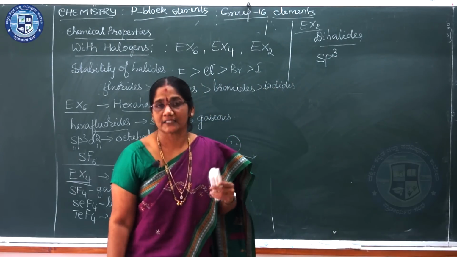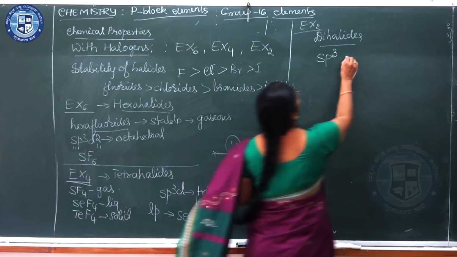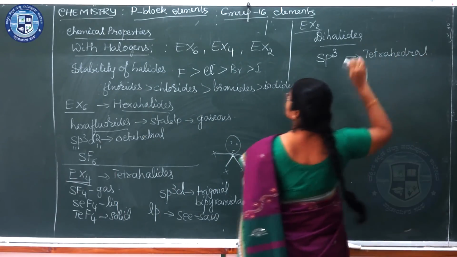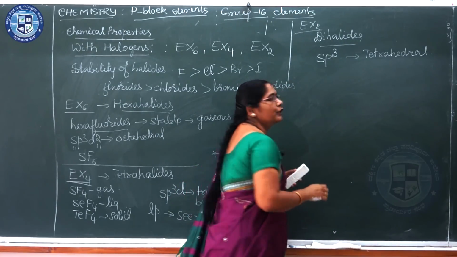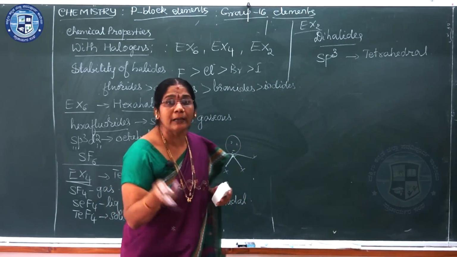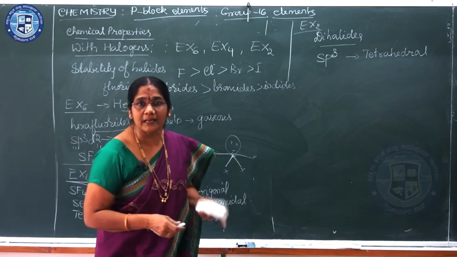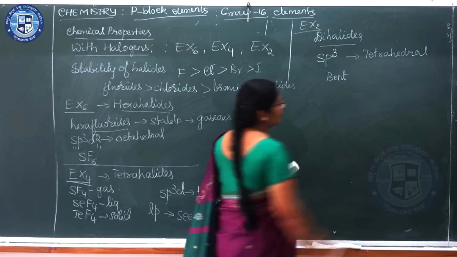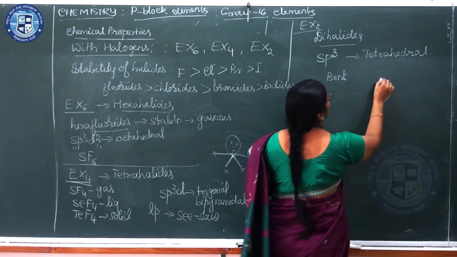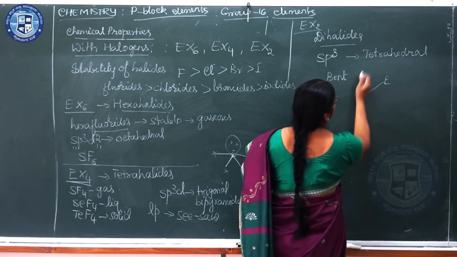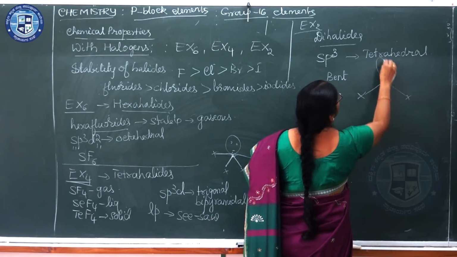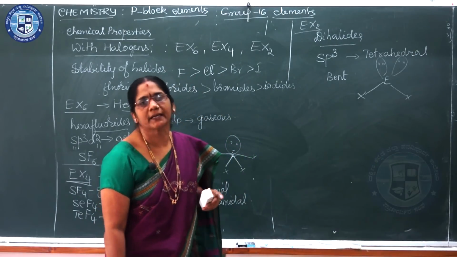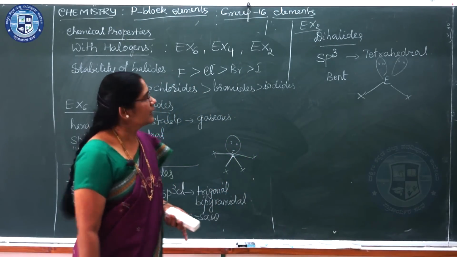Therefore the expected structure is tetrahedral, but due to the presence of two lone pairs of electrons on these atoms, the structure becomes bent, like water. The bond angle also decreases from what is expected for tetrahedral geometry.